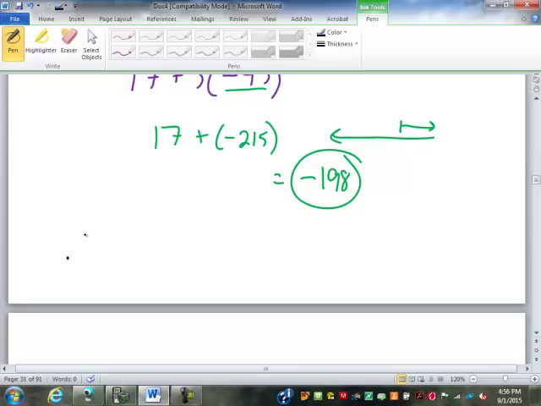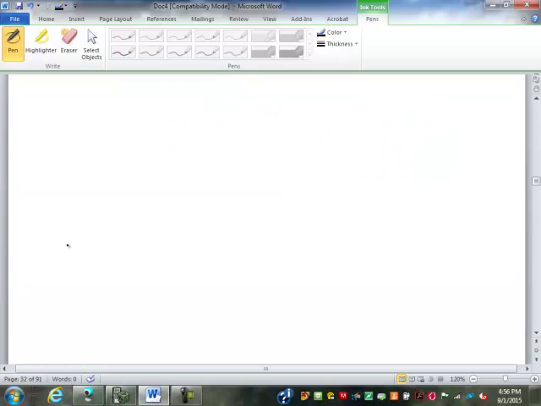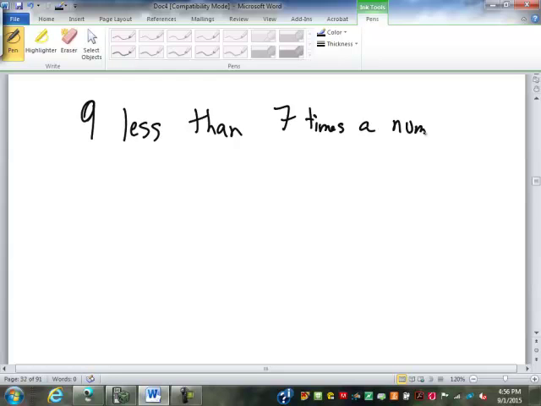So then we're going to shift gears a little bit, and we're going to talk about translating words into numbers. For example, we might have 9 less than 7 times a number. How would we put that into symbols?